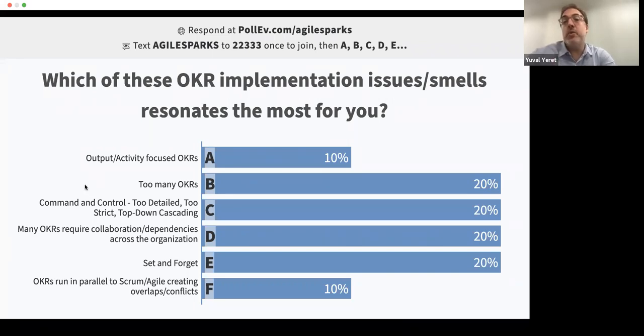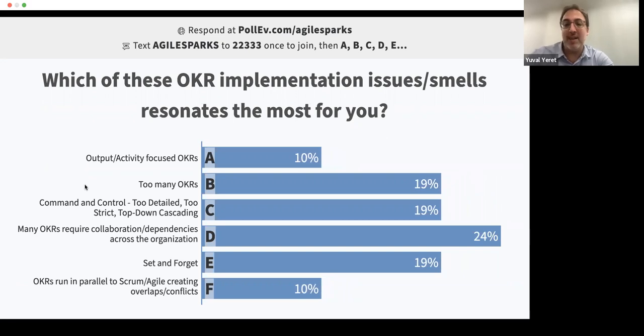If you are using OKRs in your organization, one thing you can do is use this slide deck, which we will share later on, and assess: how are we doing? Which of these issues can we recognize? That can help you think about what countermeasures make sense to deploy against them.